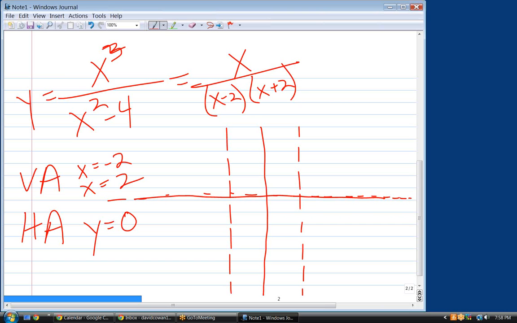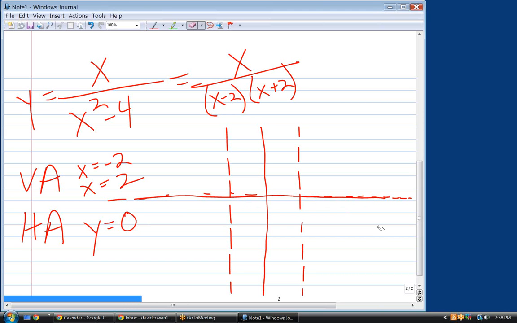And this results in an oblique asymptote. Have you studied those? No. Okay, well, let's not go there then. We'll leave it at numerators that have equal or smaller degrees than the denominator. In this case, x has a smaller degree than x squared, therefore my horizontal asymptote is y equals 0.